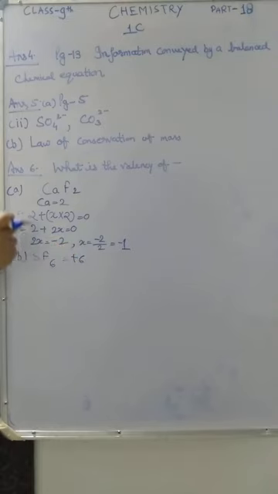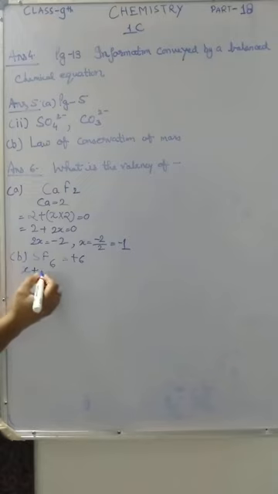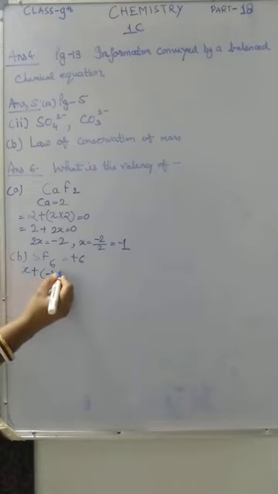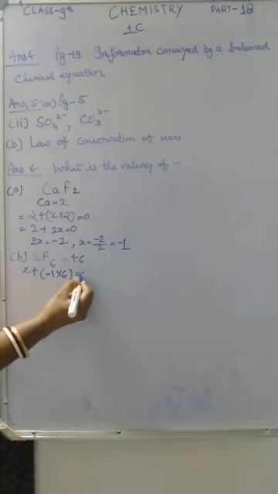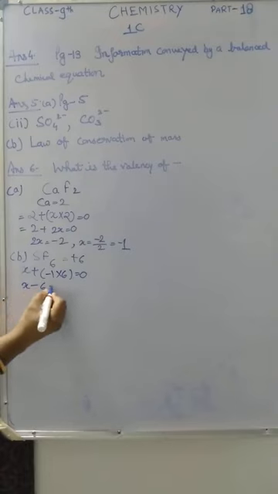Or if you want to write the equation like this, that also you can do: x plus valency of fluorine is minus 1 into 6 is equal to 0. So x minus 6 is equal to 0. So x is equal to plus 6.